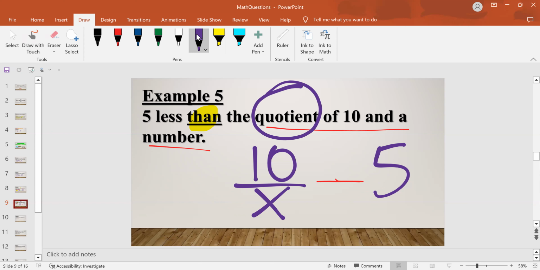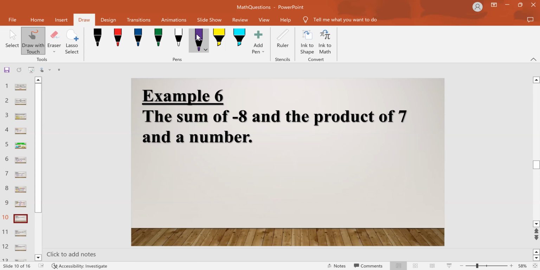The next question, example 6. The sum, sum in math, addition. So we have the addition. So the sum of -8 and the product of 7 and a number. So we'll do the sum of what? -8 and what?